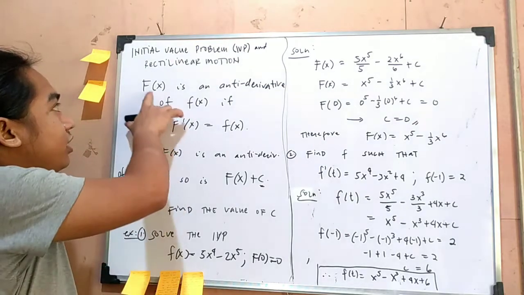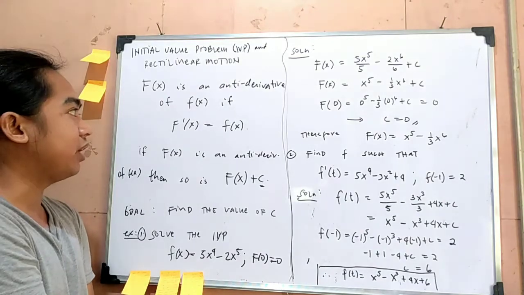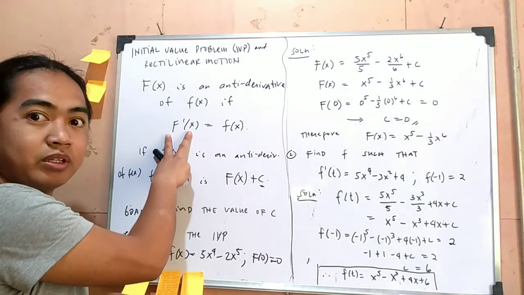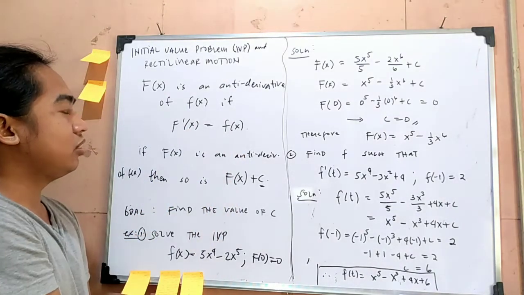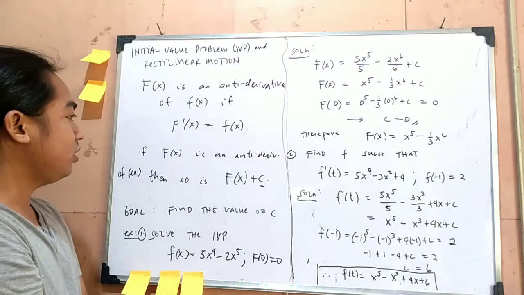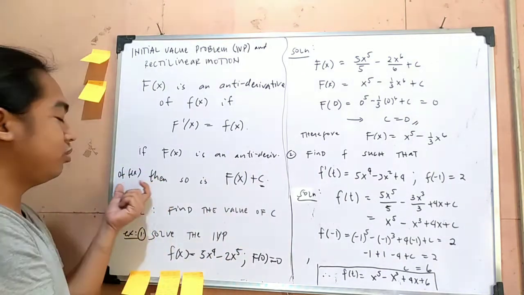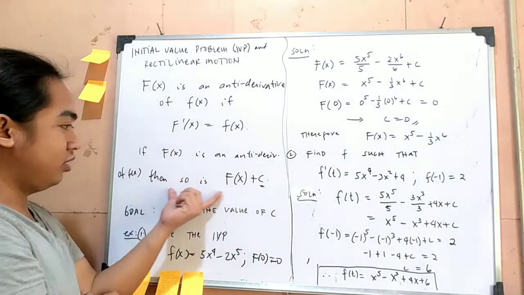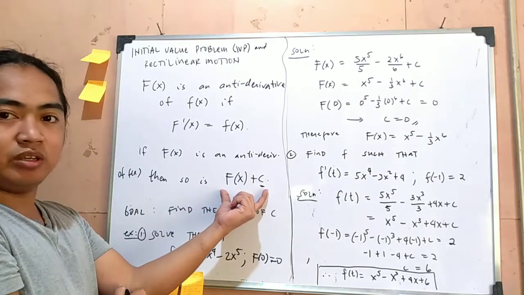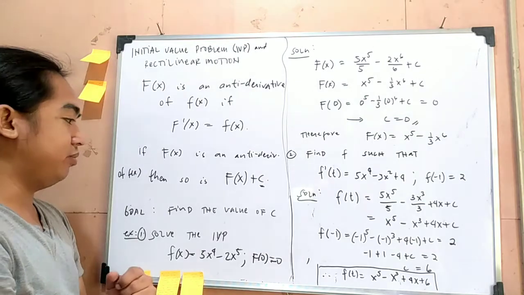So, recall lang natin that capital F of x is an antiderivative of small letter f of x if the derivative of the capital F is going to be equal to yung small letter f of x natin. So, recall natin that if F of x is an antiderivative of f of x, then pati si F of x plus c for any real number c is also an antiderivative.